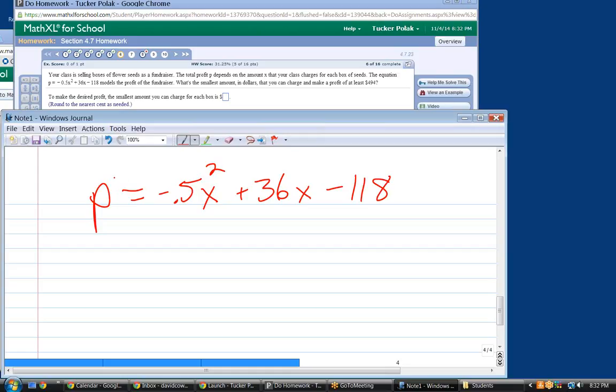P is the profit that you make. In other words, if you charge 0, your profit is minus $118. You see that? Their question is, what's the smallest amount that you can charge to make a profit of $494? Well, I'm going to plug in $494 there and solve this equation.